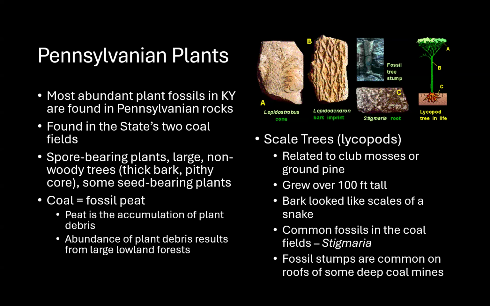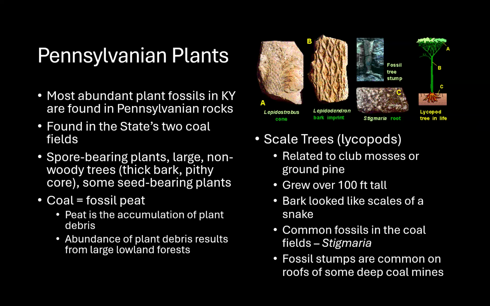Kettle bottoms are a really severe hazard to miners because they're up on the roof of that underground mine. And so they could potentially fall on coal miners once the coal around that area has been removed. So it can be quite a severe hazard.